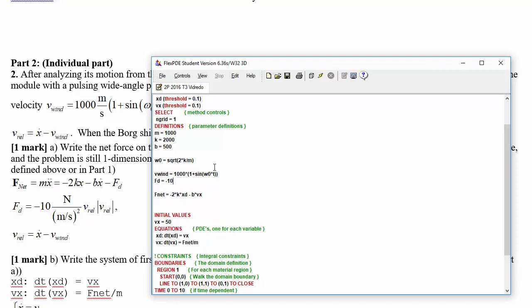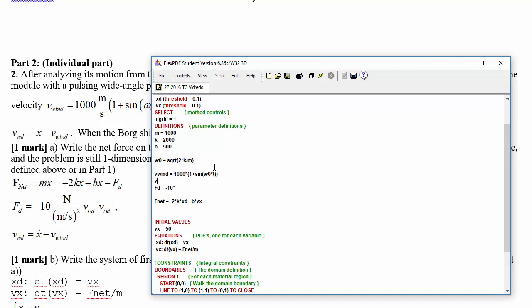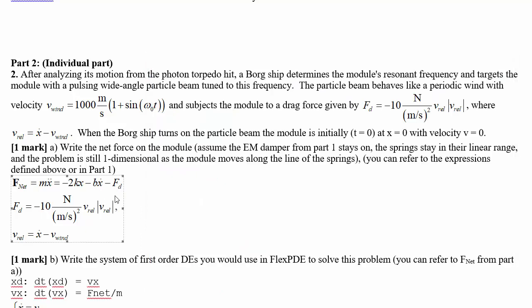Okay, Fnet is going to now account for this wind velocity force through Fd, F damping, which is -10 times Vrel. So we'll need to define that. Vrel is equal to Vx minus V wind. And then we've got -10 times Vrel times absolute value of Vrel. And we'll say that, oh, you know, does this make sense?